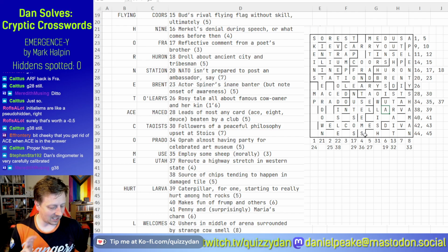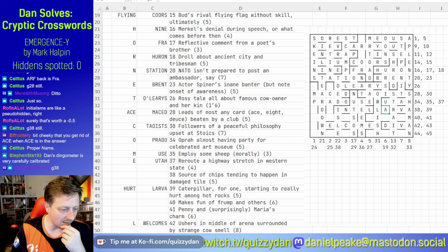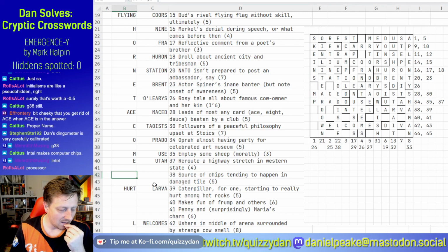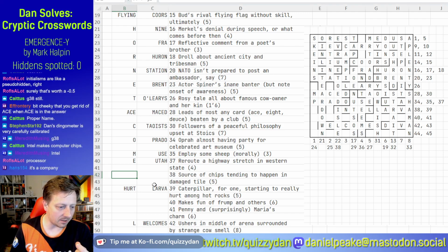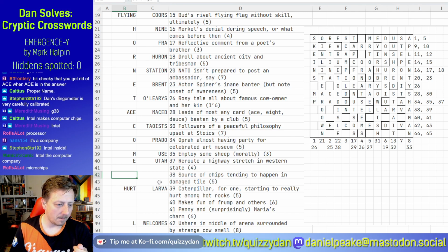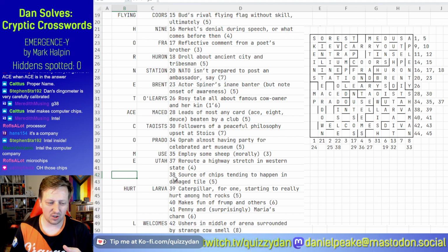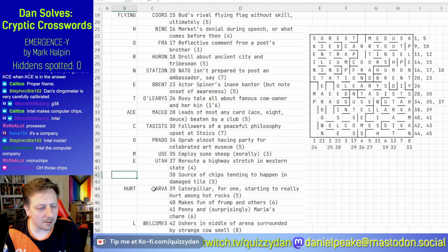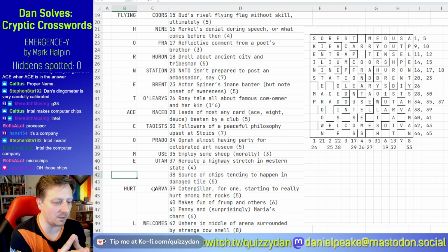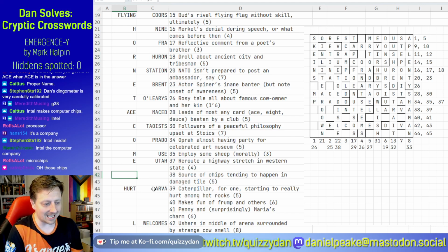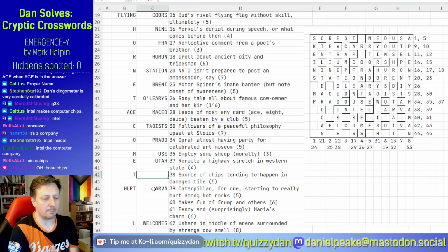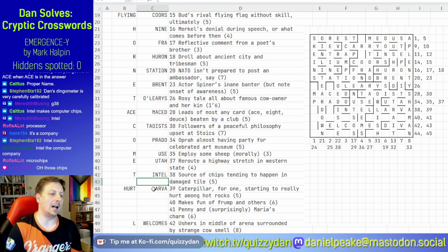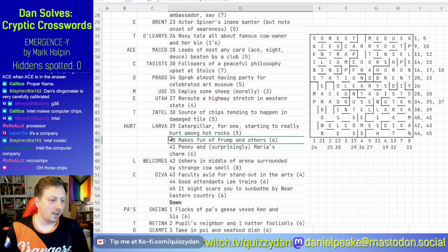Because that is T in anagram of tile. Source of microchips. Oh, Intel is the source of chips in terms of microchips. Okay, and the T is the ending, tending to happen becomes ending to happen. Intel. Wow, didn't get that source at all.